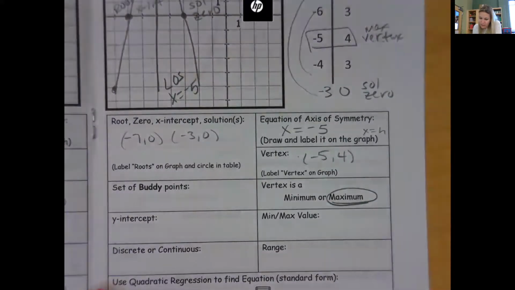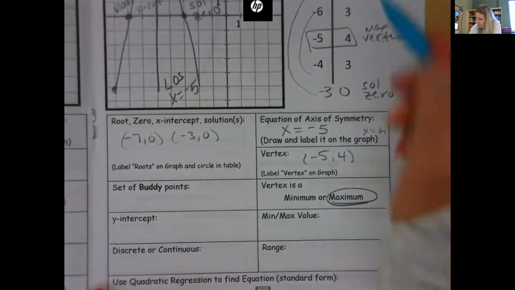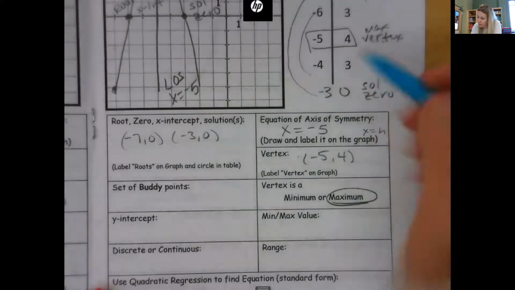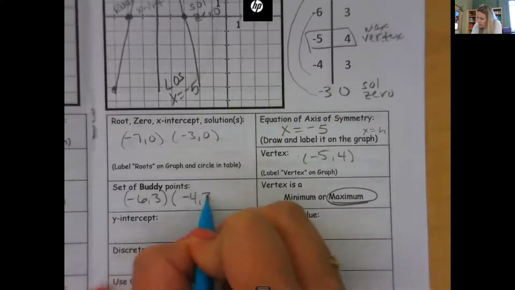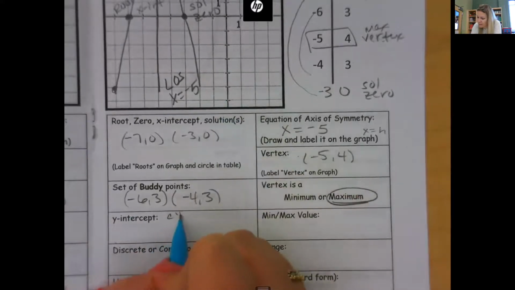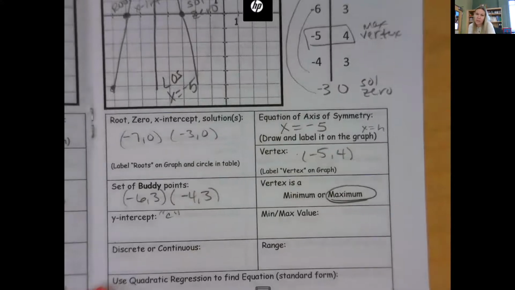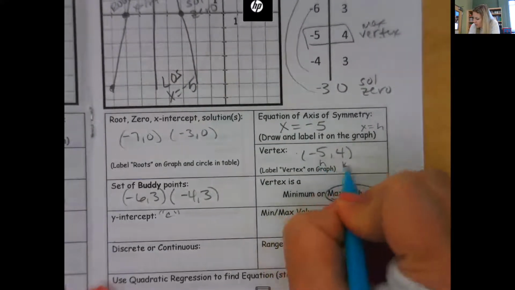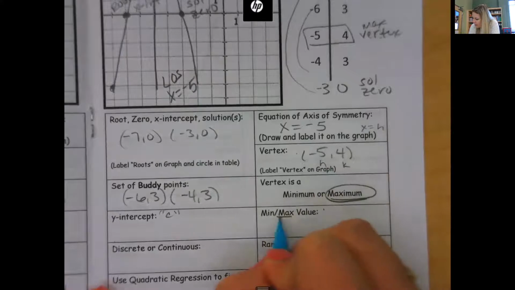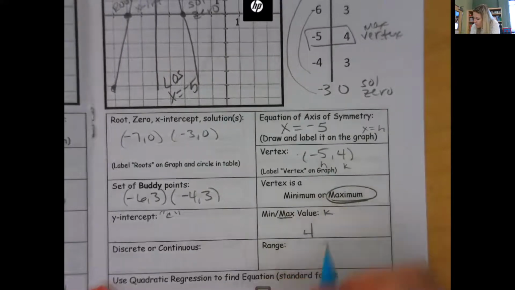Buddy points, there are several buddy points listed. I'm going to go ahead and just list this one: -6, 3, -4, 3. The y-intercept we cannot see yet, but remember this is c from our equation, so maybe once we get our equation, we'll get that. Remember, max value is going to be your k, so it is 4.